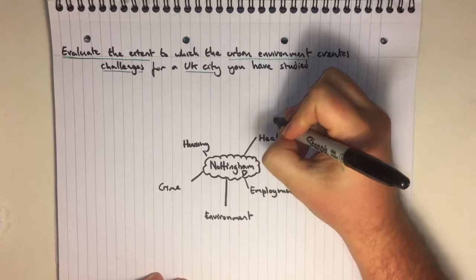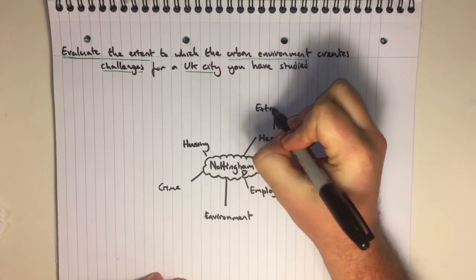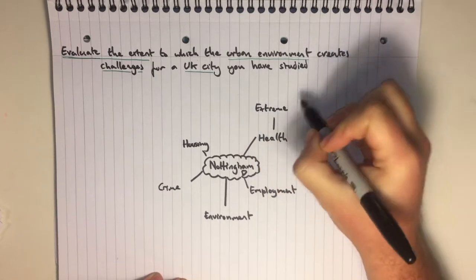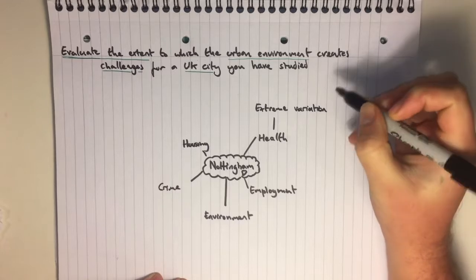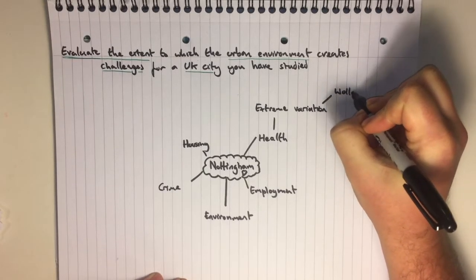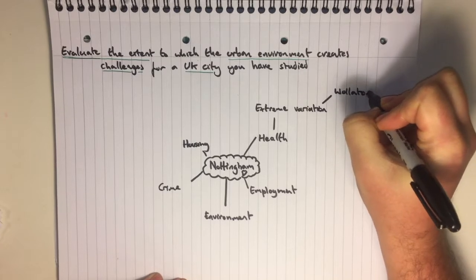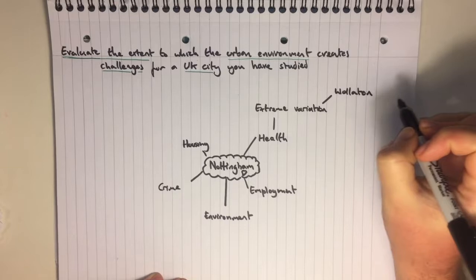So first of all, in health, we have extreme variation in health, okay? And I always refer back to one really interesting comparison, and that is between Woollerton, which is our rich, or more affluent, area of Nottingham, and St Anne's.